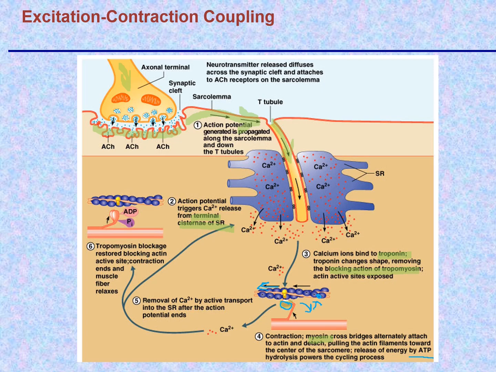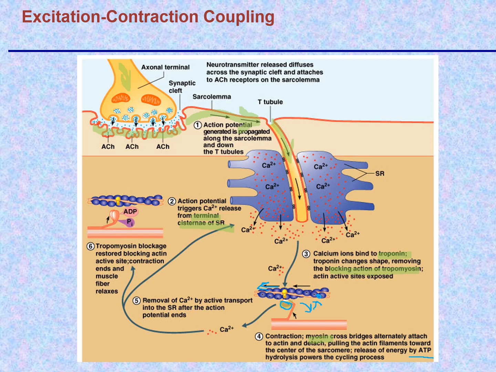This all stops when the action potentials stop coming down the nerve, and the calcium gets transported back into the sarcoplasmic reticulum, and the blockage of the actin binding sites is reestablished.